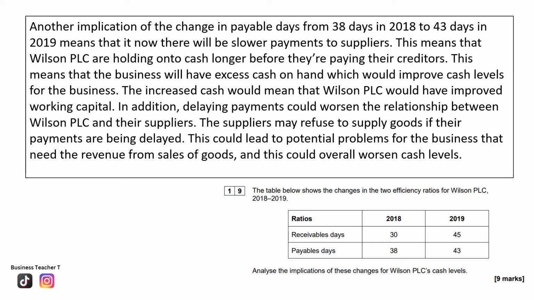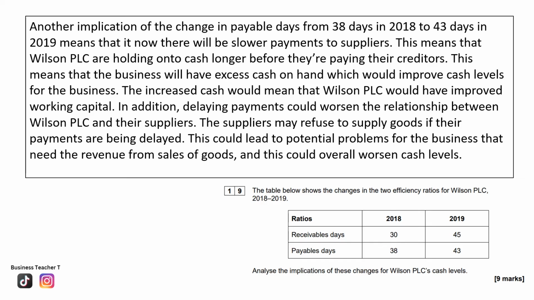The increased cash would mean that Wilson plc would have improved working capital. In addition, delay in payments could worsen the relationship between Wilson plc and their suppliers. The suppliers may refuse to supply goods if their payments are being delayed. This could lead to potential problems for the business that need the revenue from sales of goods, and this could overall worsen cash levels.